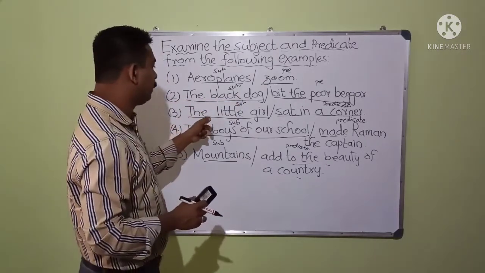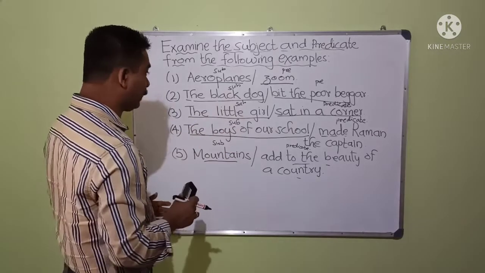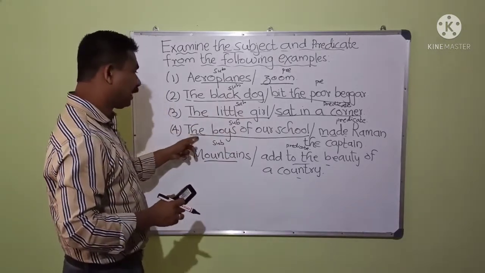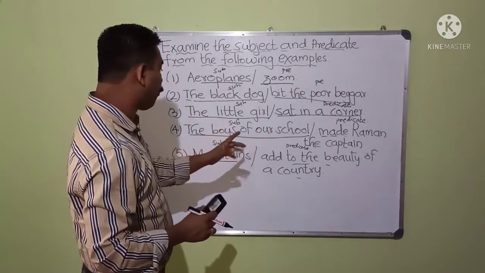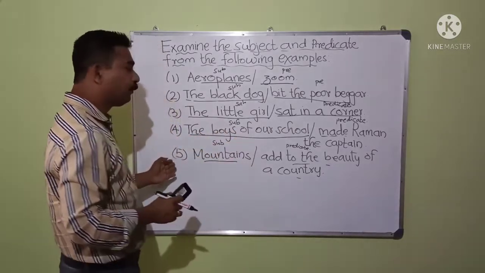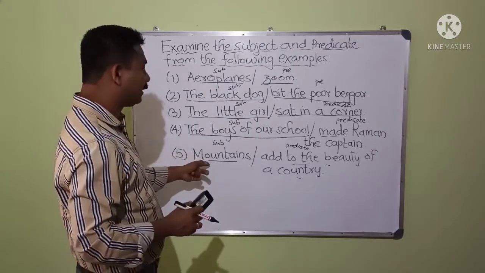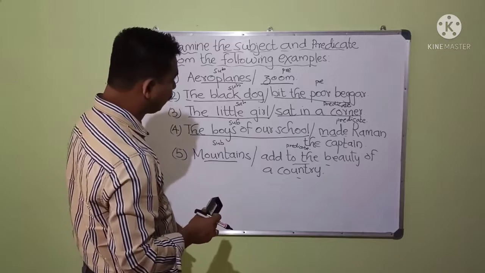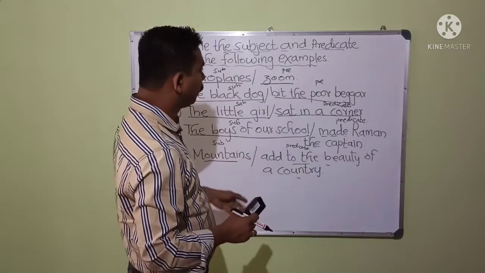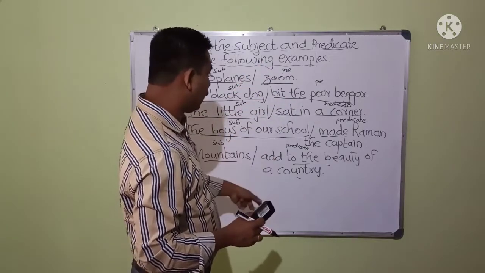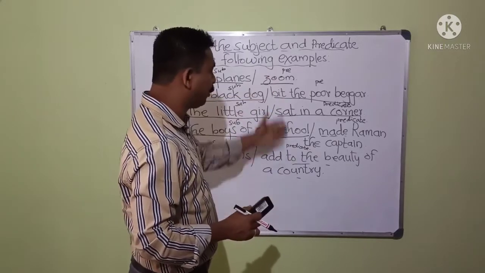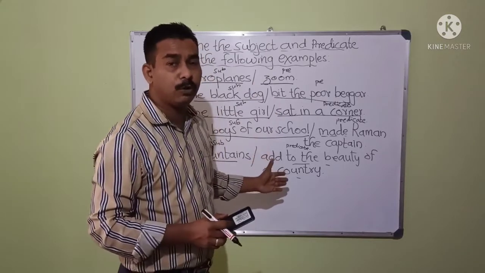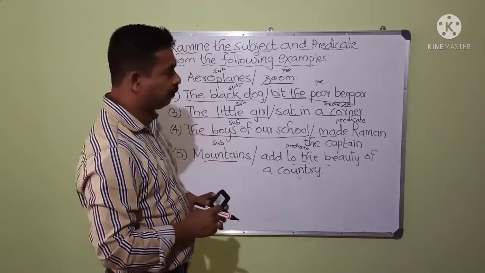In the third example, the subject contains 3 words. In the fourth example, the subject contains 5 words. And the fifth one, the subject has only 1 word. The predicate, only 1 word, and in the remaining cases, you can see the number of words in the predicate.